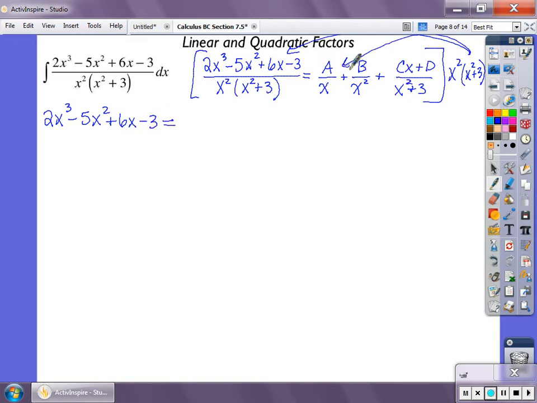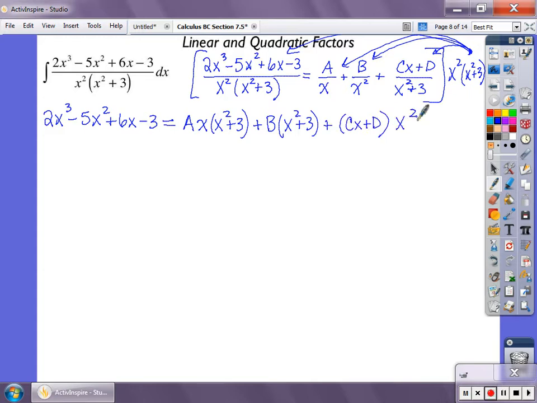One of the x's will reduce, and you'll be left with a times x squared plus 3. Distribute to your b term. Both the x squareds will reduce, so we'll be left with b times x squared plus 3. And then distribute to the cx plus d. Write that in parentheses. And the x squared is left over.